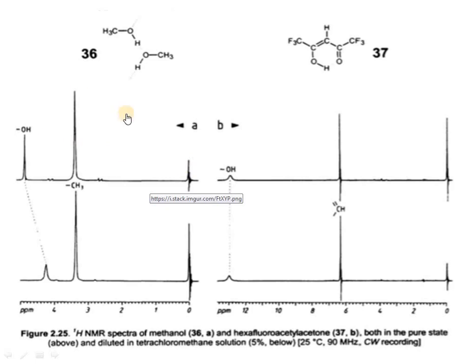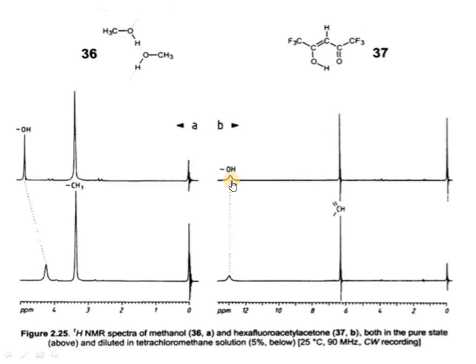Now this is pure methanol and this is the pure second compound, which shows these protons, and this is due to OH. Now this proton is attached to a carbon-carbon double bond, and these are the fluorines. So this signal is due to this, and due to OH the signal is this small peak.